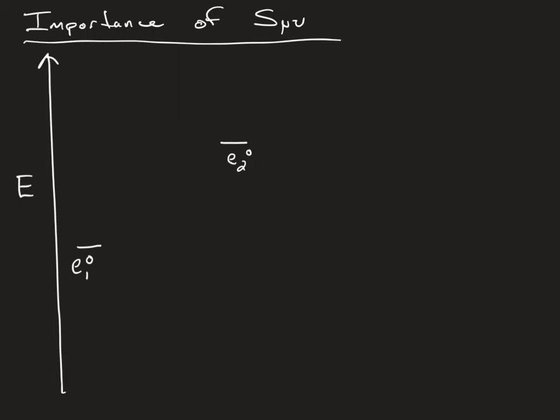So we know that these will form antibonding and bonding combinations like that, and we're going to give these energies E1 and E2.